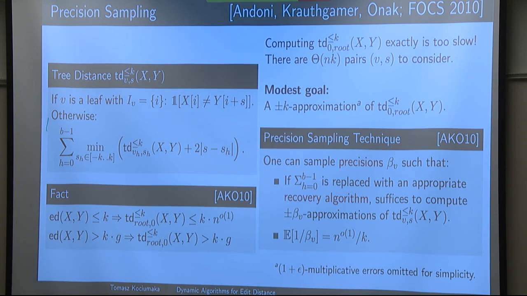For each node in the tree, you can sample what's called a precision, beta_v, which determines by how much we will be able to approximate the tree distance. And for every node, in expectation, the inverse precision is roughly 1 over k. More precisely, sub-polynomial in n divided by k. So you can think that for some nodes, you need to compute these tree distances very precisely, with no approximation at all. But on average, the approximation of plus minus k is already good enough.